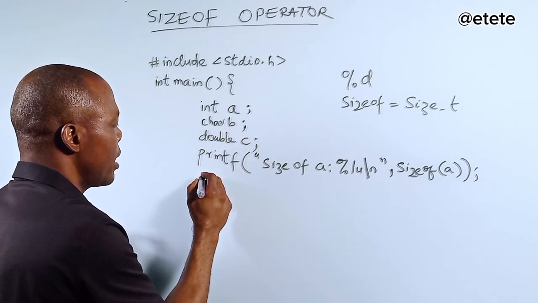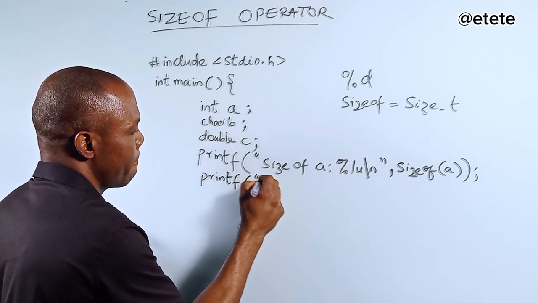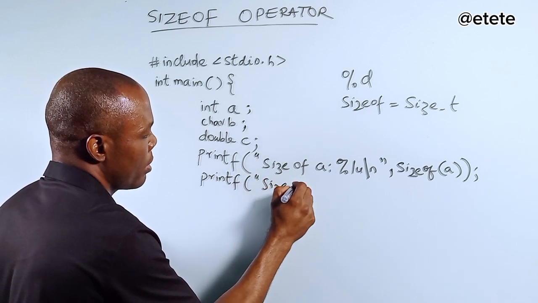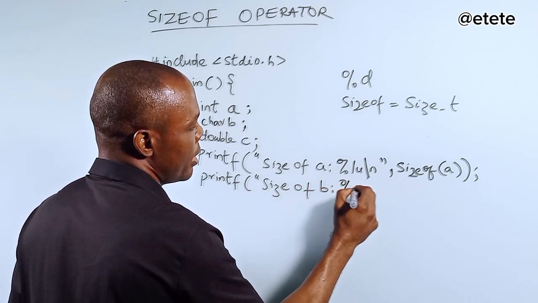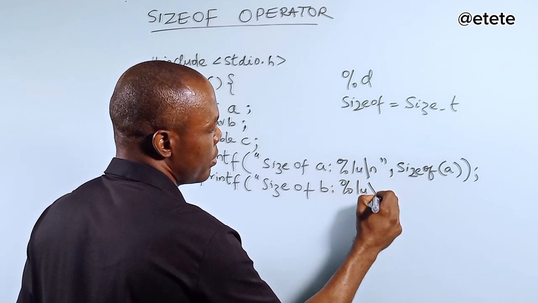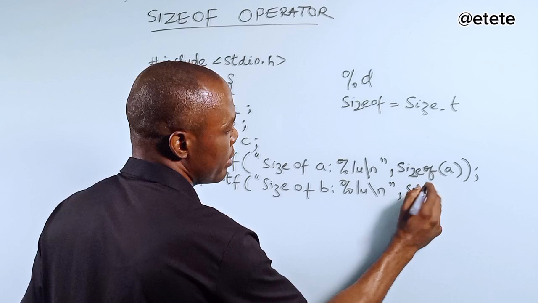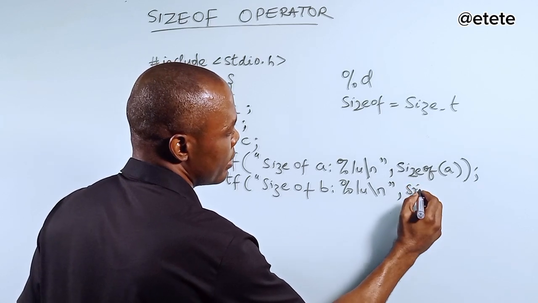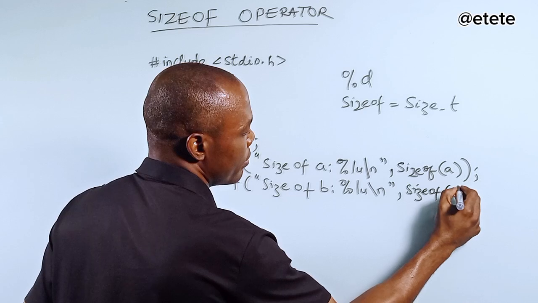Then for this, I'll say printf sizeof B. Then I'll do this %lu. Then I'll call my sizeof operator.